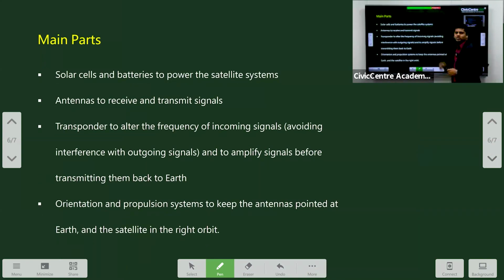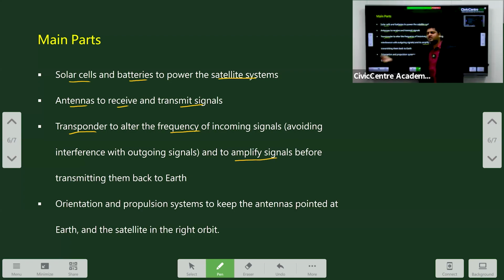As I told you, these are the main parts. The solar cells and batteries power the satellite system. The antennas receive and transmit the signals. The transponder alters the frequency of the incoming signals, avoids interference between the outgoing and incoming signals, and amplifies the signals, increasing their amplitude before transmitting them back to Earth.